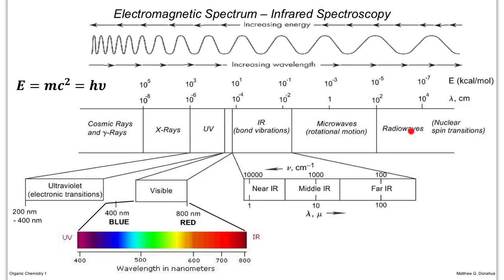So on the spectrum, at the low energy side, longer wavelengths, there's radio waves. And radio waves are used for NMR. They affect the nuclear spin. As the wavelength gets shorter, the energy goes up a little bit. Now we're into microwaves, and that says rotational motion.